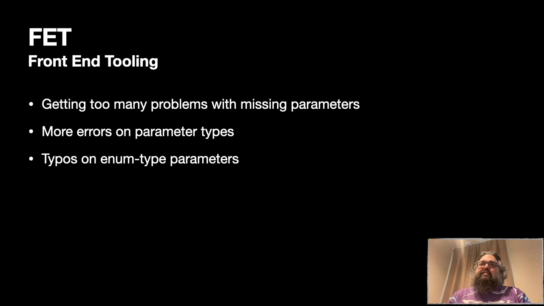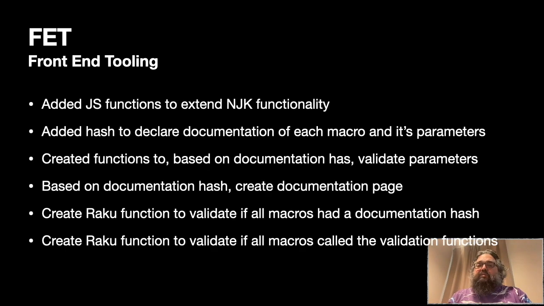We had a lot of problems of that type. So we decided that it would be easier to have something to validate parameters and types for us. So that's why we created a Raku Nunjucks validator, if I could call it that way.